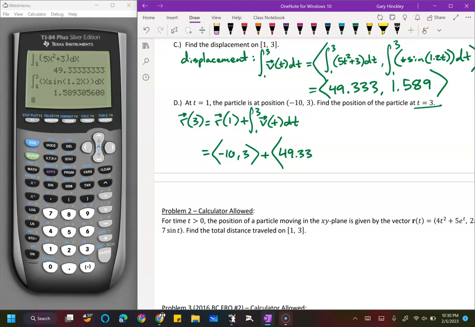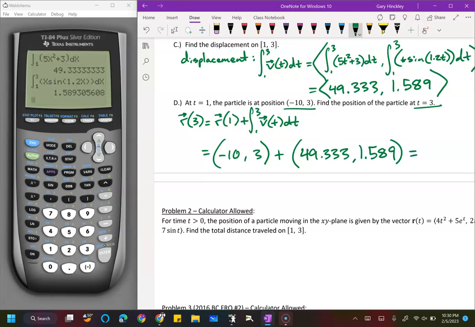I'm actually going to go back, since this is written as a point and we're talking about an actual point, I'm going to go ahead and write this as -10, 3 there, and then plus that displacement that we have, 0.589.